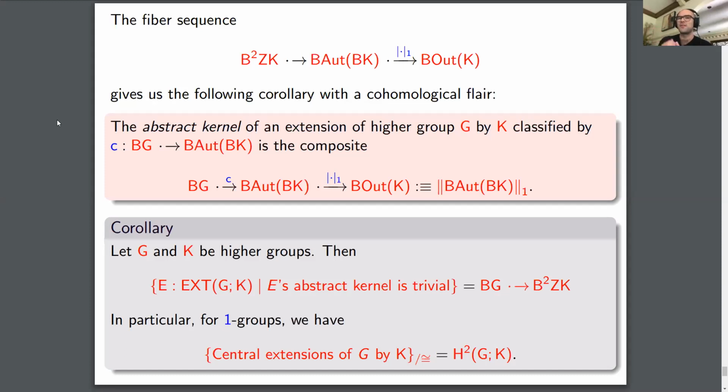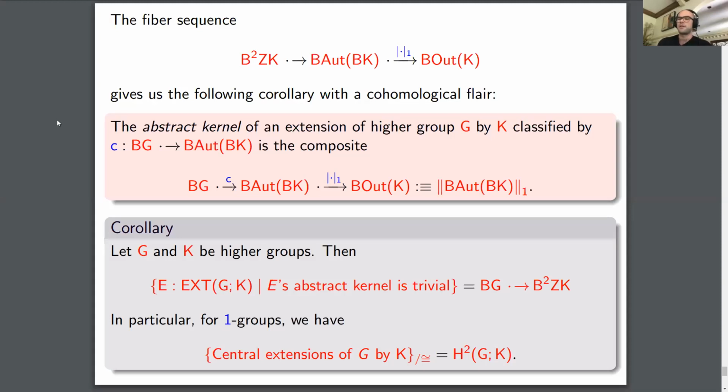As it turns out, those turn out to be equivalent if K is abelian as a one group. If K is braided as a two group, so in general, there are three different things you might call central, and they're all, as far as I can tell, totally different for higher groups. And there's probably more. So you have the extensions of K with vanishing abstract kernel, which are classified by B2 ZK.